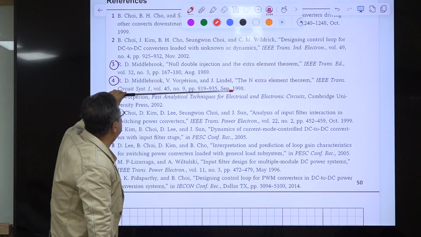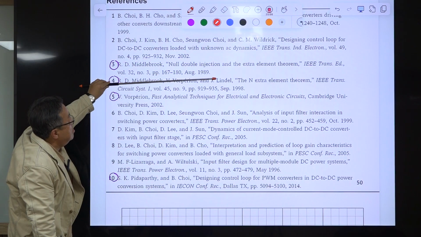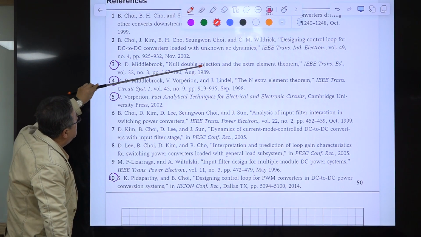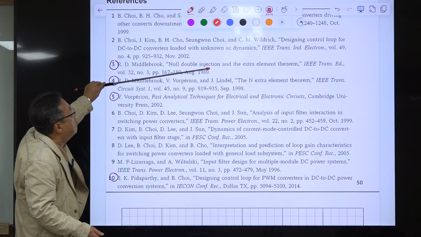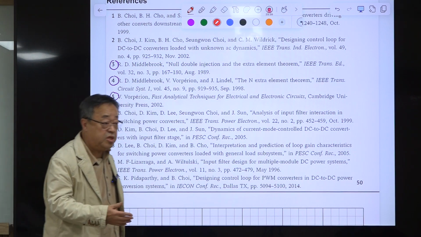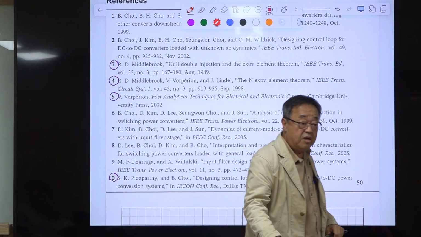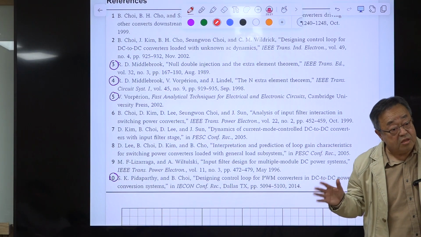This paper was published this year. But he used some result of this maybe 20, 30 years ago, earlier than this one. So he knew this, but he didn't publish it, and he didn't apply this theory to the converter analysis.